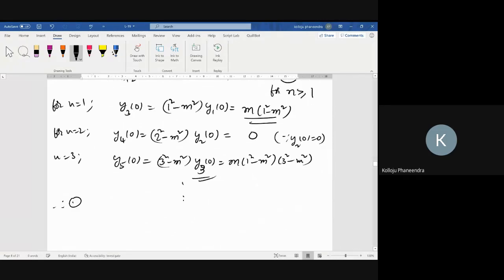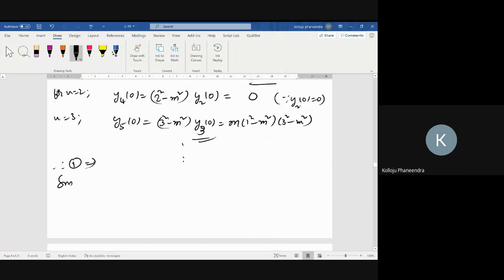Therefore f of x, sine of m sine inverse x, is equal to f of 0 plus x into f dash 0. What is the value of f dash 0? I think m.